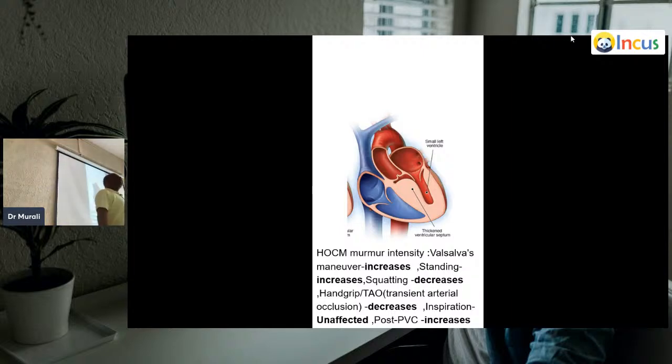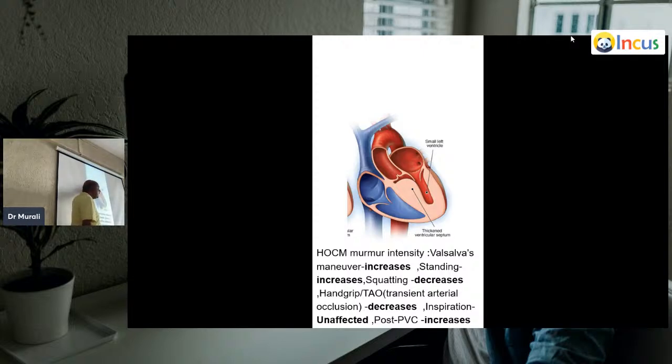Then comes the interesting part. Hand grip exercise. If you do hand grip exercise, it will release catecholamines. Catecholamines will cause vasoconstriction. Vasoconstriction increases the afterload. So afterload means what?